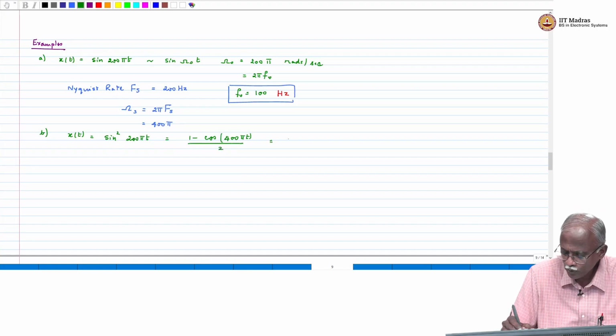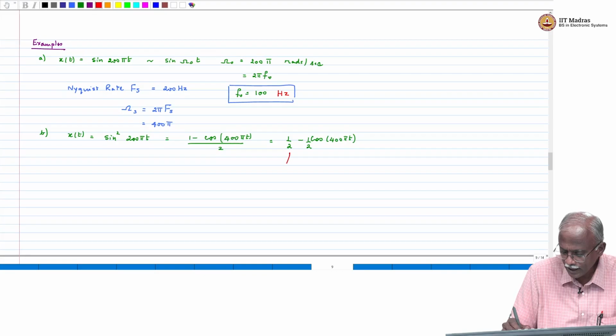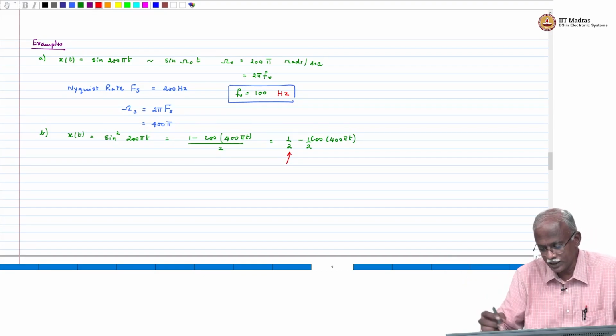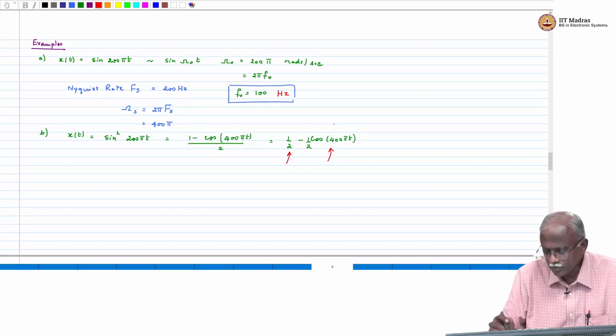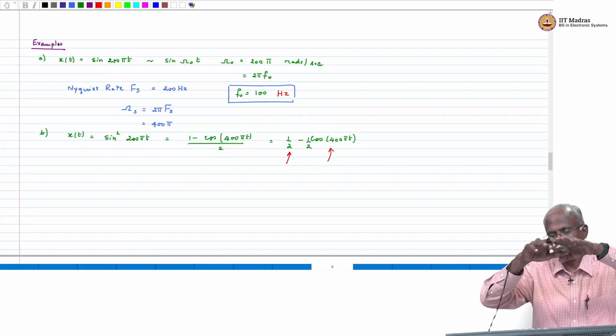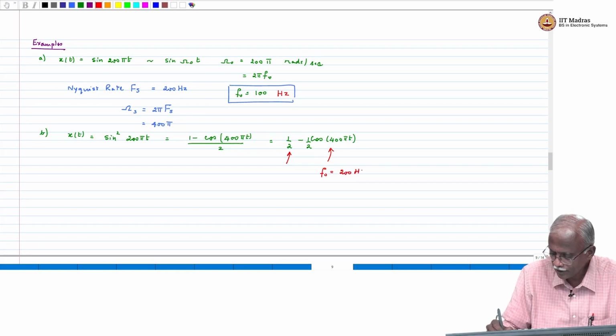Now you have two terms, one is a constant, the other one is 1/2 of cosine 400 pi t. The DC term does not have any frequency component, as its frequency is 0. So we look at the second term, the highest frequency component f naught will be equal to 200 hertz.